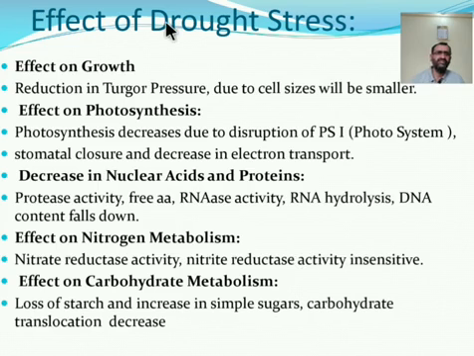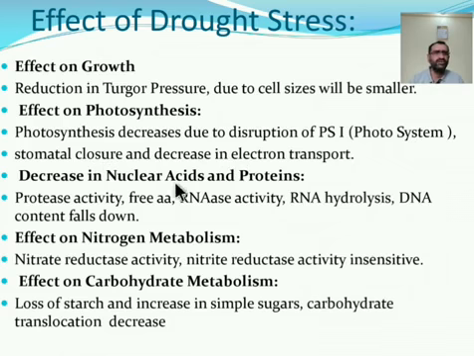There are certain effects of drought stress. They are as follows. The first one is the effect on growth: reduction in turgor pressure due to the drought stress, and due to that the cell size will be smaller. Second, effect on photosynthesis. Photosynthesis decreases due to disruption of photosystem I, stomatal closure, and decrease in electron transport also takes place due to the drought stress.